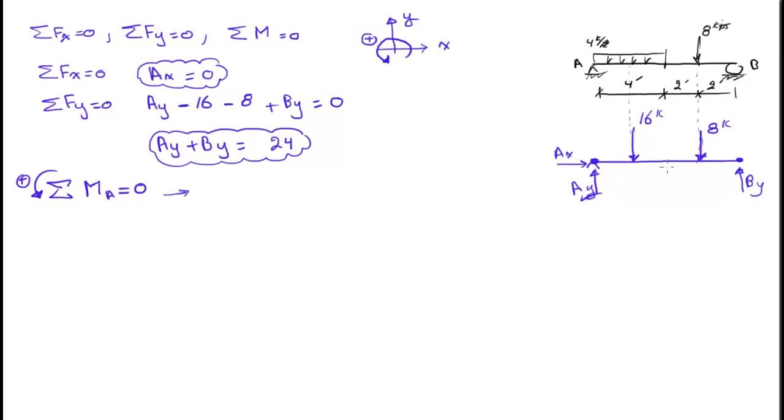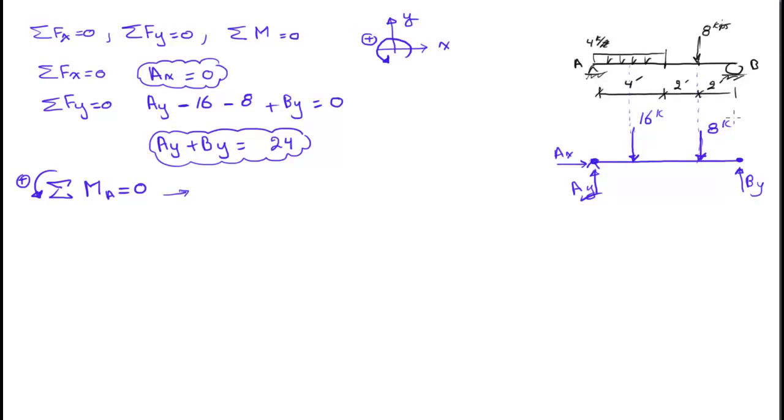The way I do it, I go the opposite direction and start from there. So if I'm summing the moments about this point, I start with the furthest force on the beam. So it's going to be By multiplied by this distance, then I'm going to have 8 multiplied by that distance, then I'm going to have 16 multiplied by that distance. So By multiplied by the whole thing, which is 2 plus 2 plus 4, that's 8.